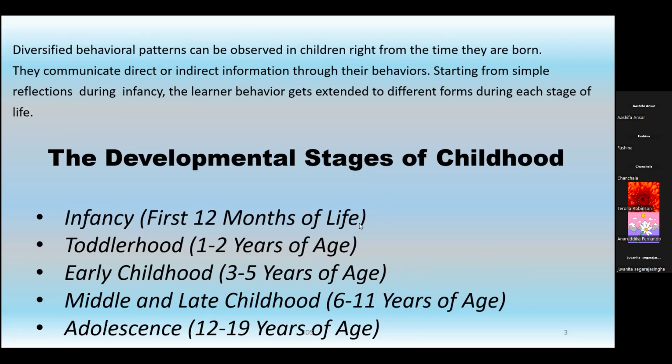So you have to remember these different developmental stages of a child, right? So basically you have 5 stages starting from infancy and then toddlerhood, 1 to 2 years of age. All these are homebound.